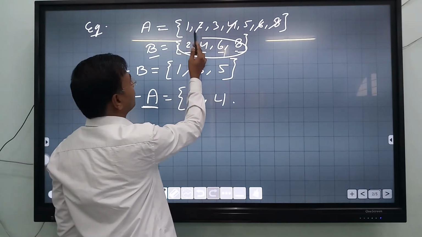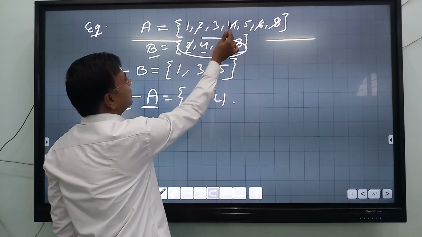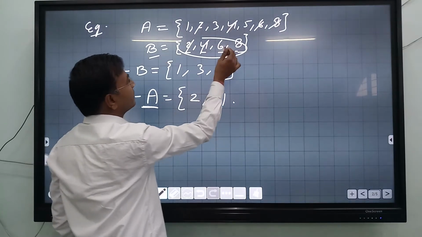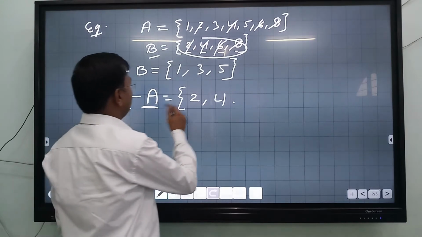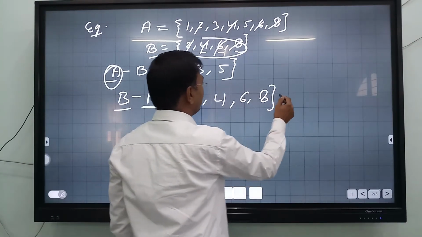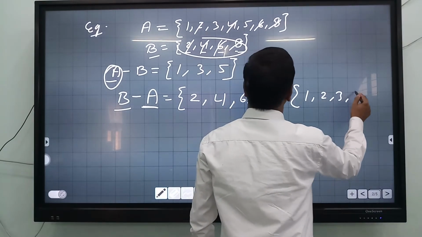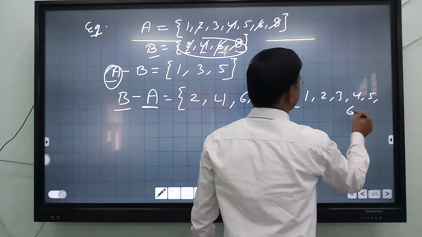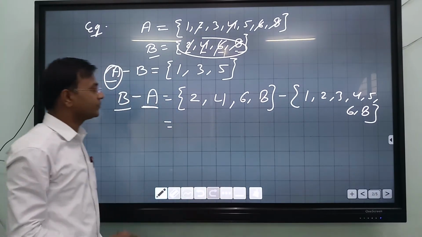Elements 2 is coming, and 4 is also coming, then 6 is coming, 8 is coming. It means B, 2, 4, 6, 8, minus the set A, 1, 2, 3, 4, 5, 6, 8.